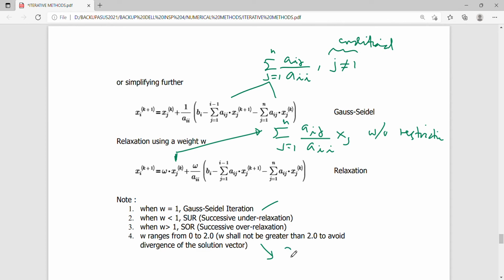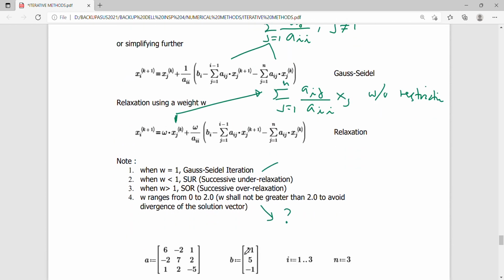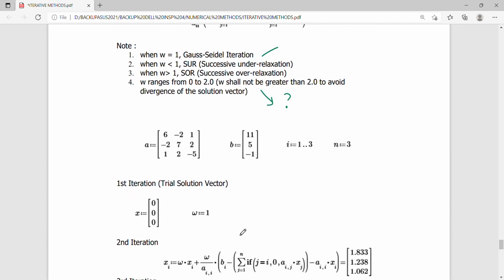This of course must be checked out by you since the relaxation procedure depends on the system of equations involved and the property of the matrix. So we ought to check this range if really divergence will only take effect beyond those values.